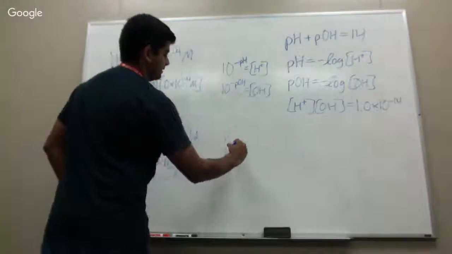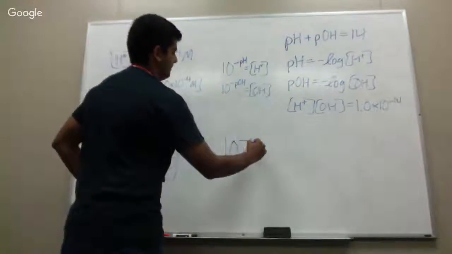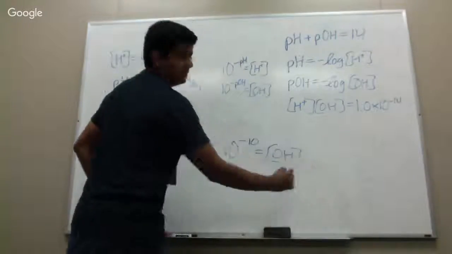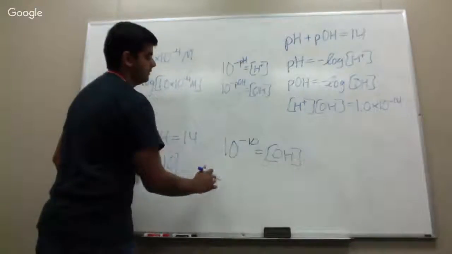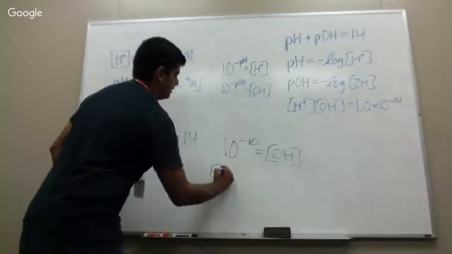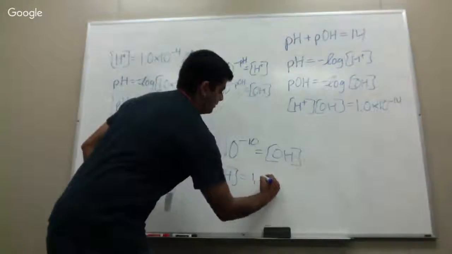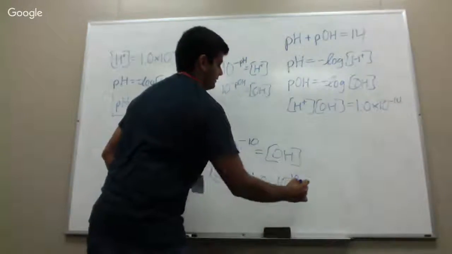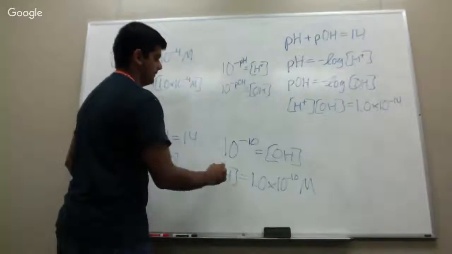So let's do that. 10 to the negative pOH, which is 10 in this case, equals the concentration of OH, right? So when you do this, you'll find that the OH concentration is equal to 1.0 times 10 to the negative 10. And concentrations are always in molarity.